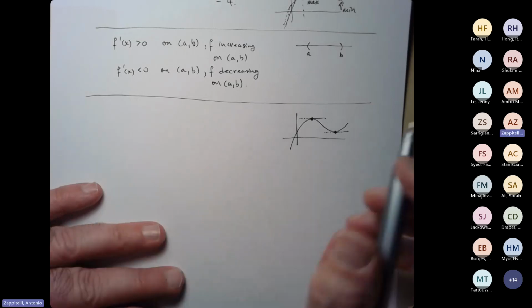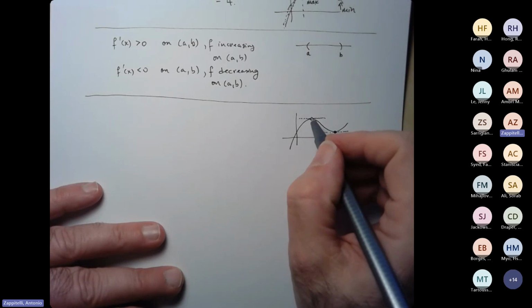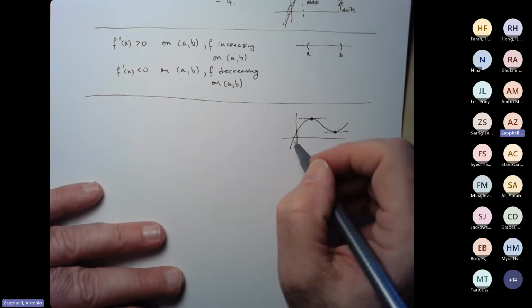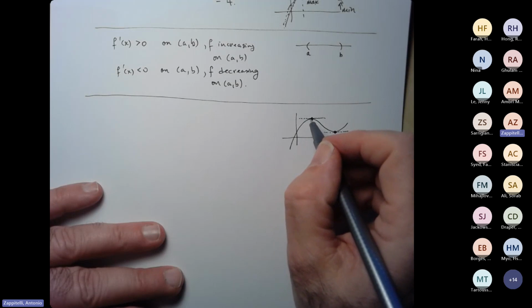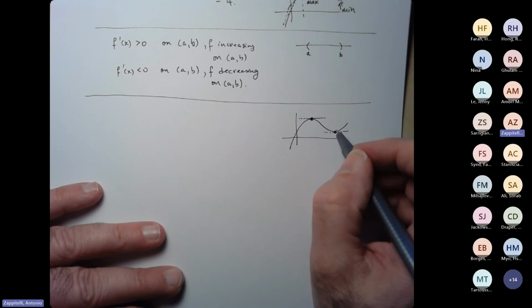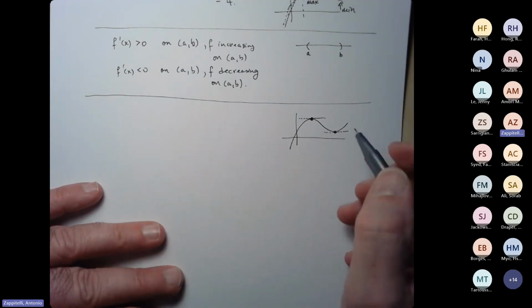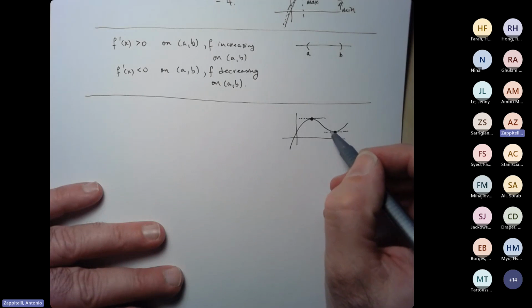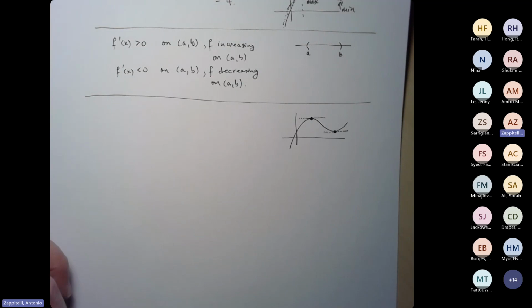So if you want to look for your maximums, you want to look for where your derivative is 0, but you also need to look for where your function changes from increasing to decreasing. And then if you look at the minimum, well, isn't that similar? Except now your function goes from decreasing to increasing. Okay. And so these are very important points.